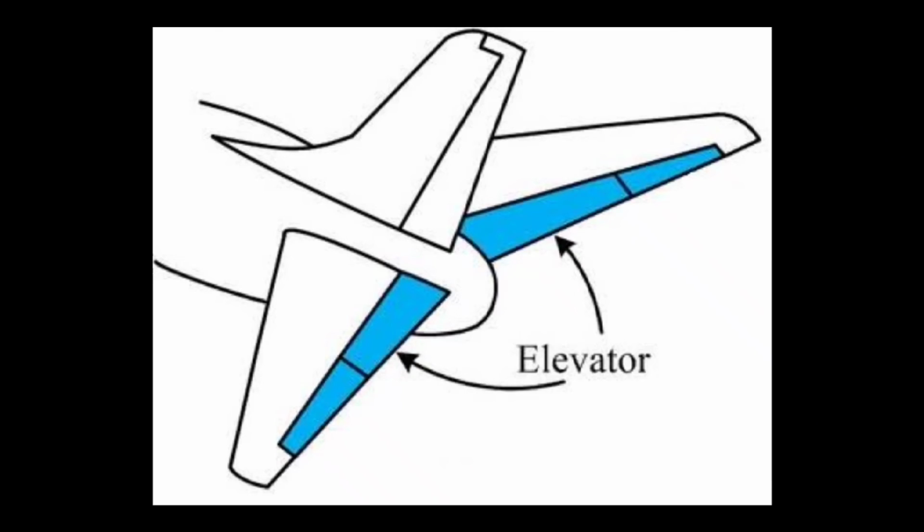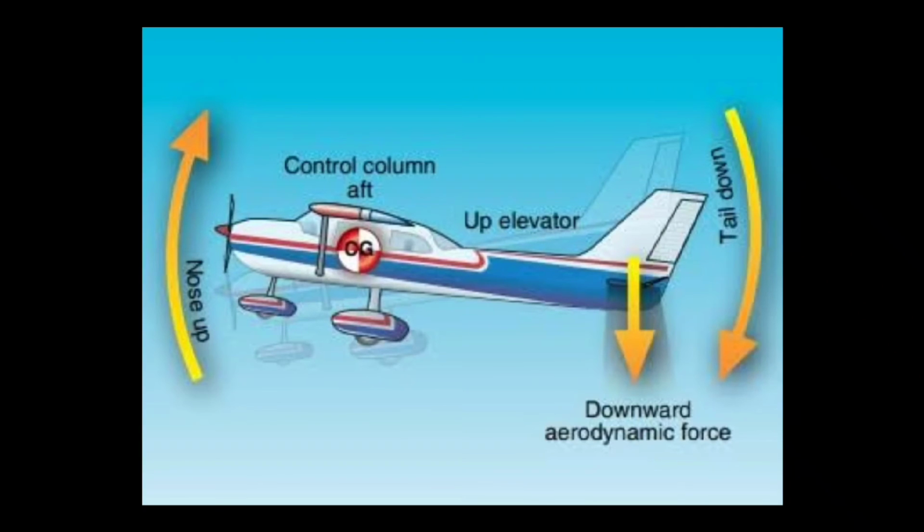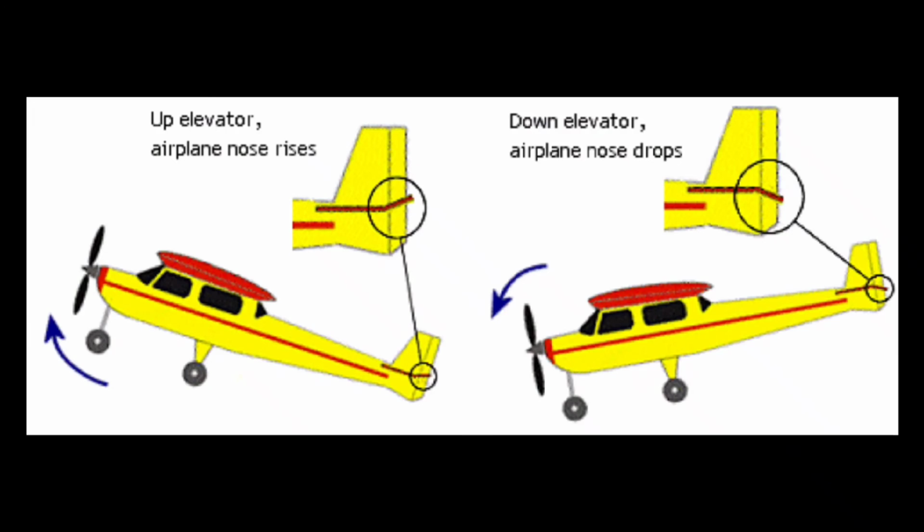The elevators are located on the rear half of the tailplane or horizontal stabilizer. The job of the tailplane is to generate a downward force to counteract the natural nose-diving tendency of the plane, which happens as a result of the natural forces generated about the plane's center of gravity and center of lift. As the elevators are deflected up or down, the amount of downforce changes, and this results in the airplane's nose pitching up or down.